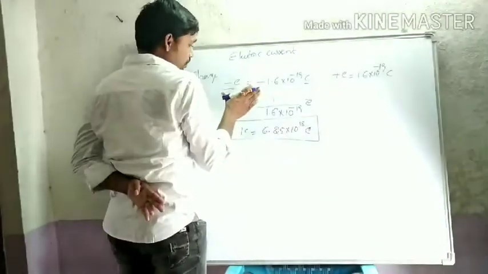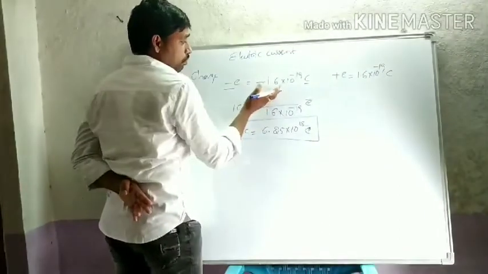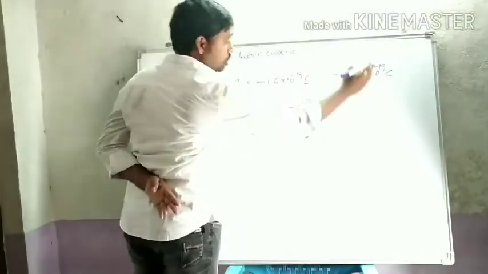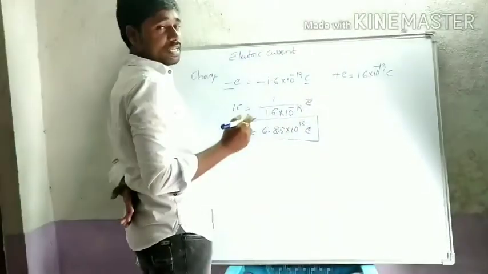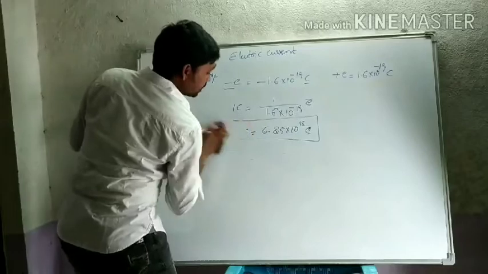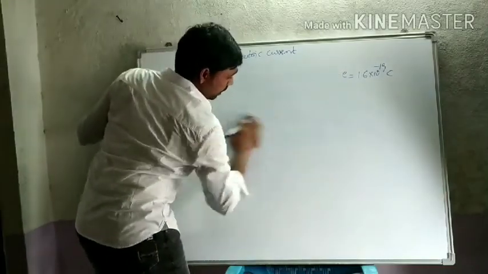Similarly, the negative electric charge value is 1.6 into 10 to the power of minus 19 coulombs, and the same positive charge value is 1.6 into 10 to the power of minus 19 coulombs. So here the charge we discussed is nothing but the flow of electrons.